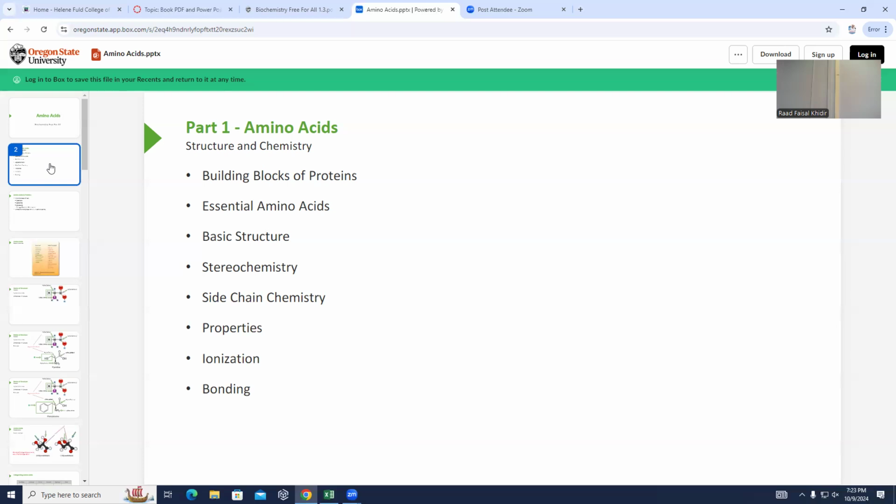Now when we look at this, you have to understand, if I am building up, that is anabolism. When I'm building up, I make a big macromolecule like protein, going from a small one, amino acid.